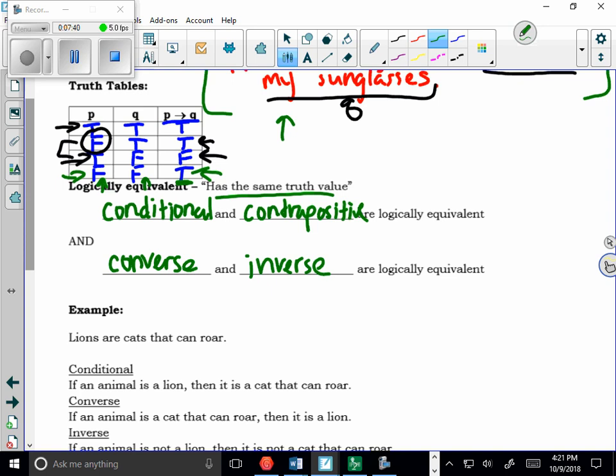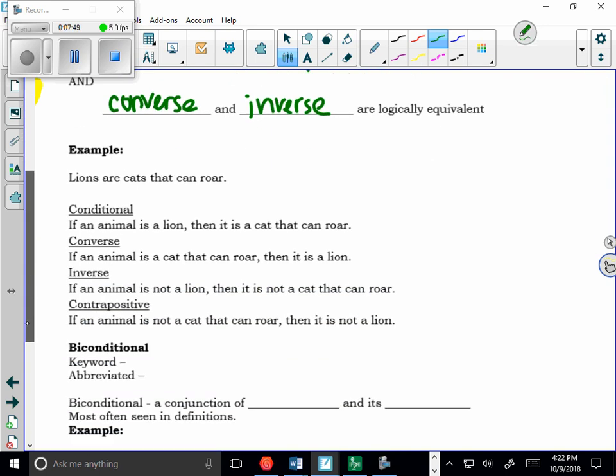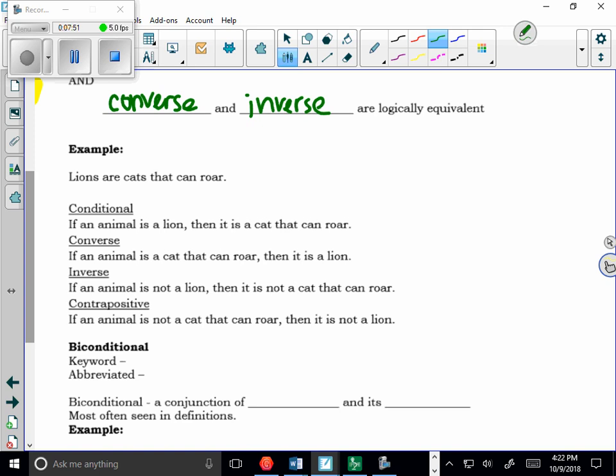So let's take a look what all of this stuff means, the converse, inverse, all this good stuff. So I've got this. Lions are cats that can roar. And what they did here is we talked a little bit about this, we turned it into a conditional statement, because this is going to be my baseline for any of this. So it says, if an animal is a lion, then it is a cat that can roar.